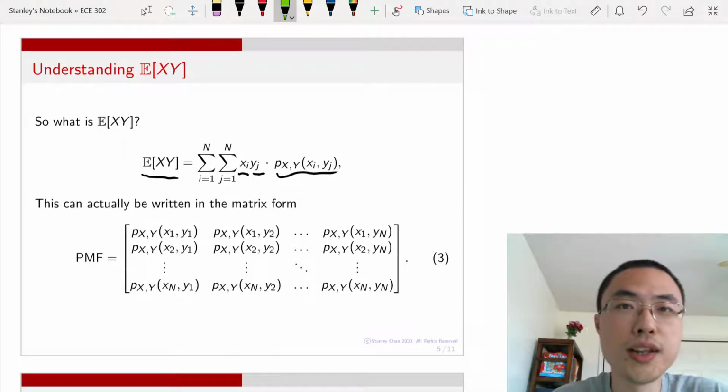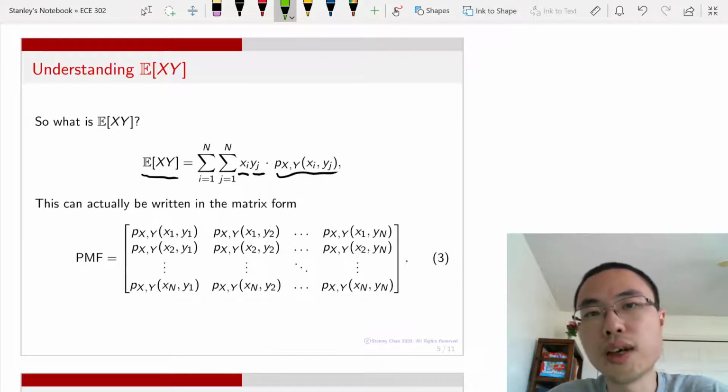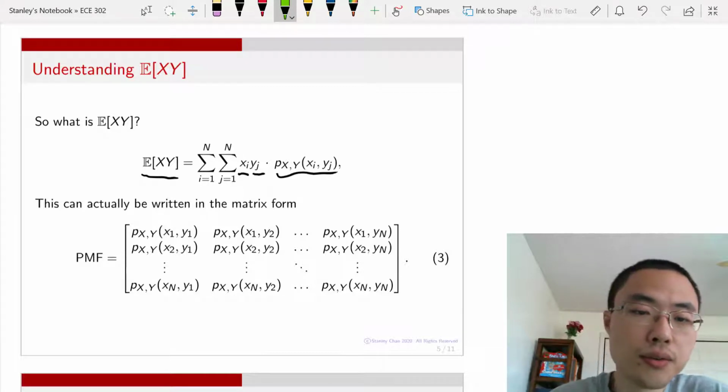It's not necessarily going from 1 to 6 as in the dice roll. You can have 1, 3, 5, 7, 9, and so on. So this is a more general notation.